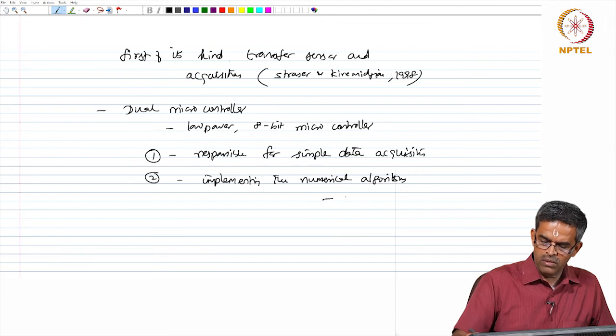Those are required to process, to convert, to filter and then to transfer.